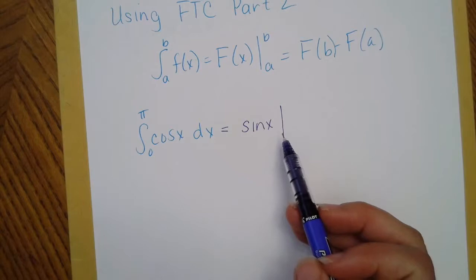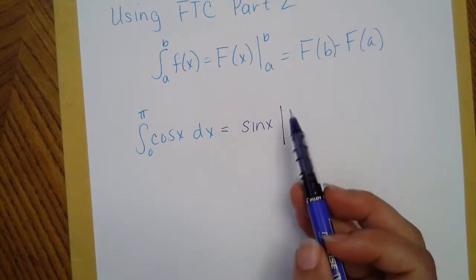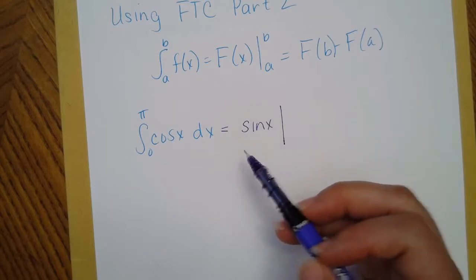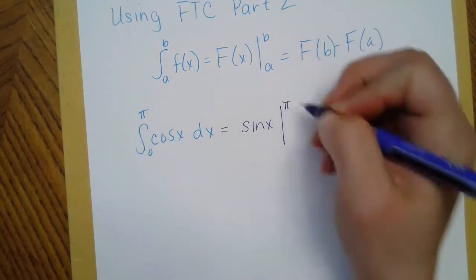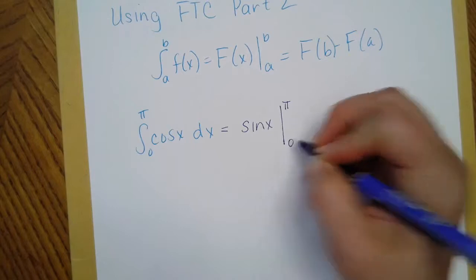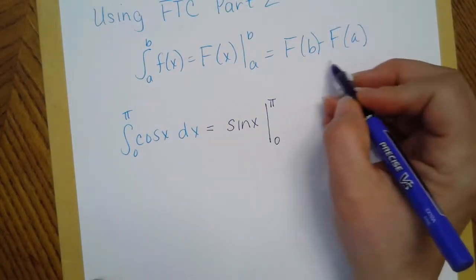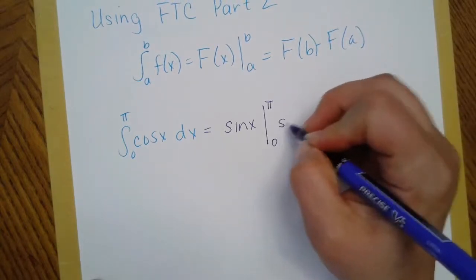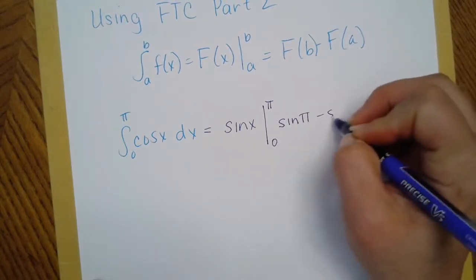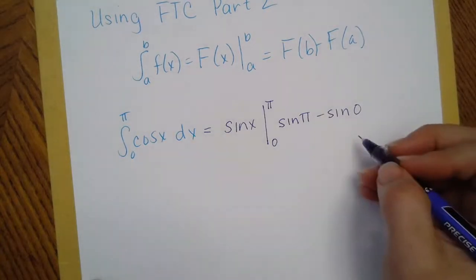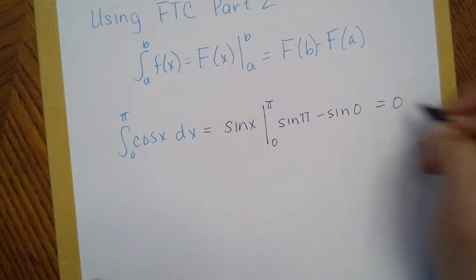Once I've done that, I put this line because I don't want to write the integral again, but I need a place to show that I still need to plug these in. So this is equal to the sine of pi minus the sine of 0. Both sine of pi and sine of 0 are 0, so this is equal to 0.